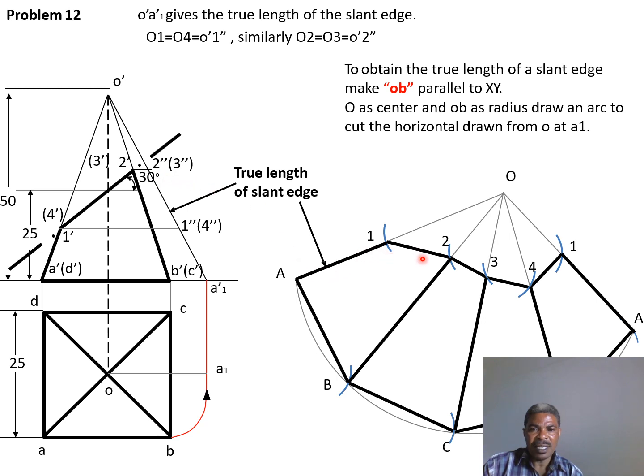You can see now, yes, that's how you can obtain these points if you refer to the points marked on the true length of the slant.